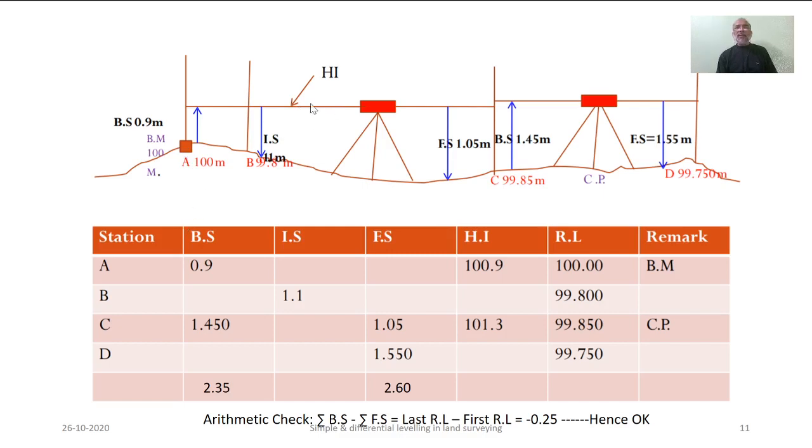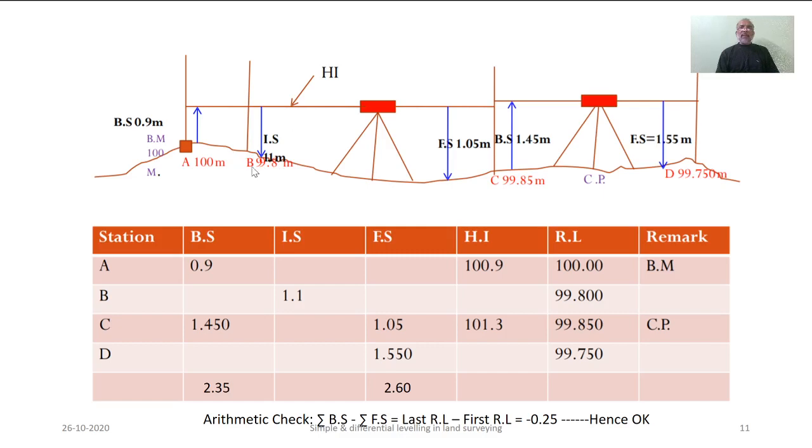In order to determine the RL of this line of sight, which is the HI, we have to add the backsight to that. Hence, 100 benchmark plus 0.9 meter is 100.9 meters, and hence the HI works out to 100.9 meters. Now, up to this line of sight, the reduced level is 100.9 meters.